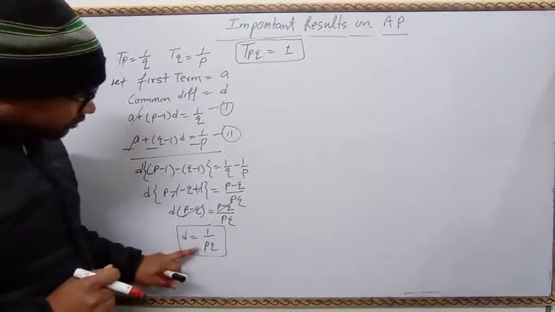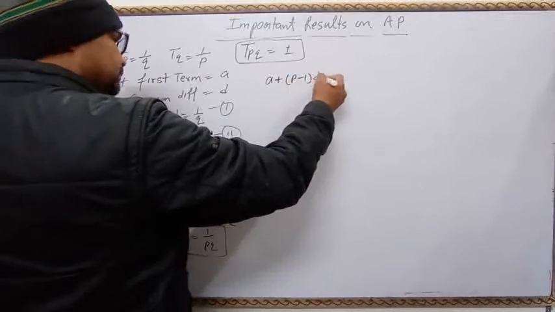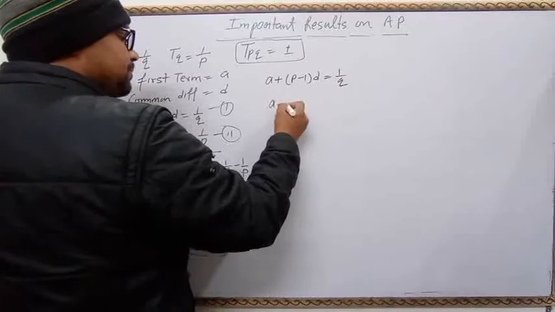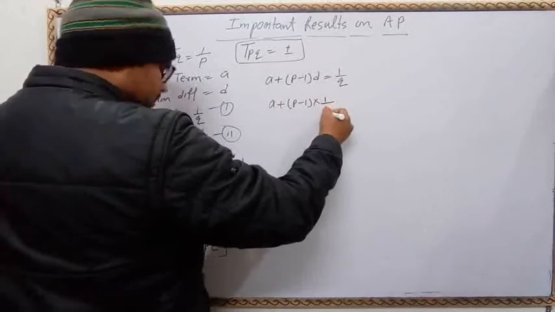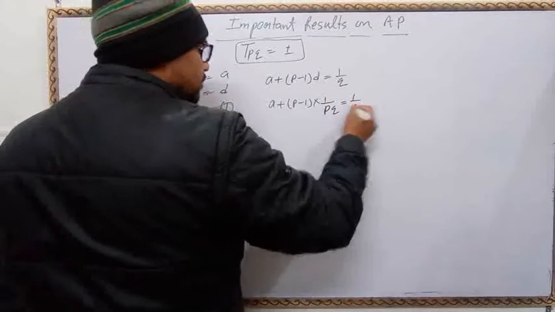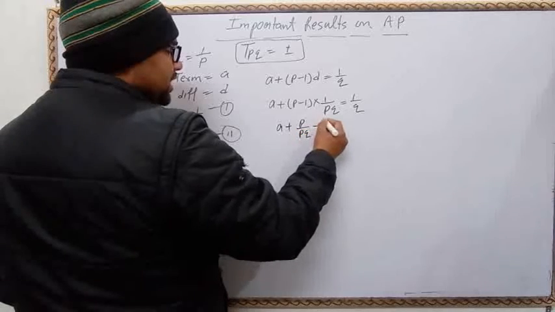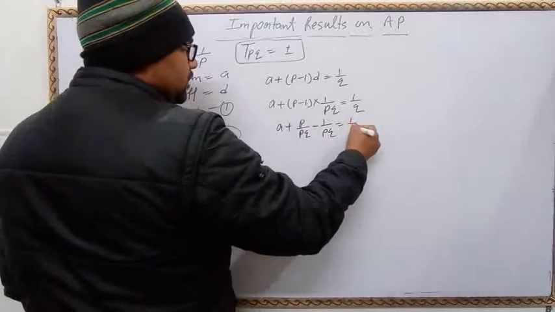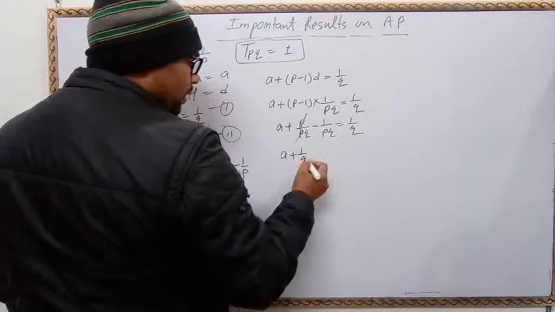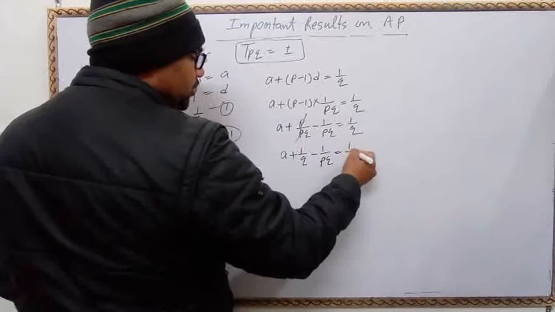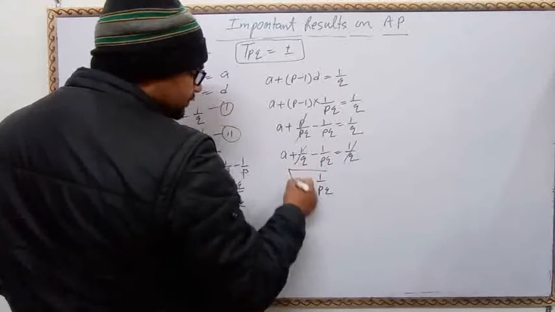Okay, now it is equation first. Now we will put the value of D in equation first. So A plus P minus 1, and the value of D is 1 by PQ, is equal to 1 by Q. Now we multiply: A plus P by PQ minus 1 by PQ is equal to 1 by Q. P by PQ cancels, so A plus 1 by Q minus 1 by PQ is equal to 1 by Q. This cancels, so A is equal to 1 by PQ.